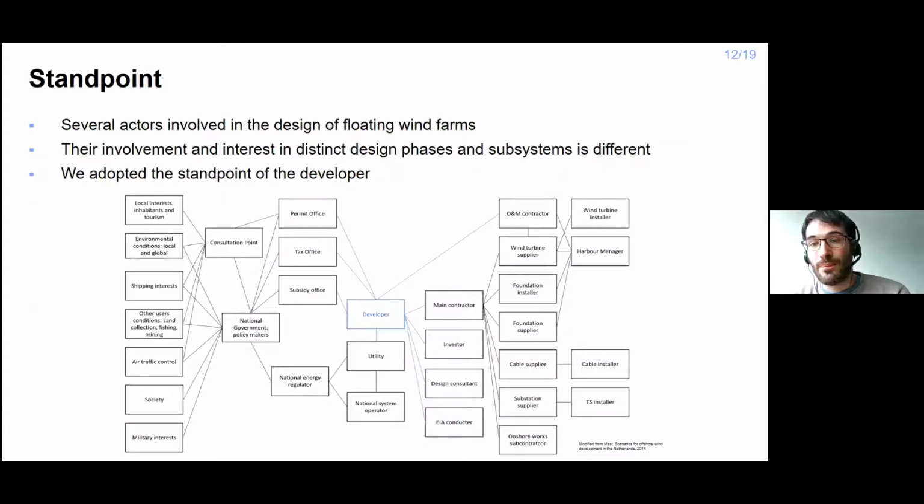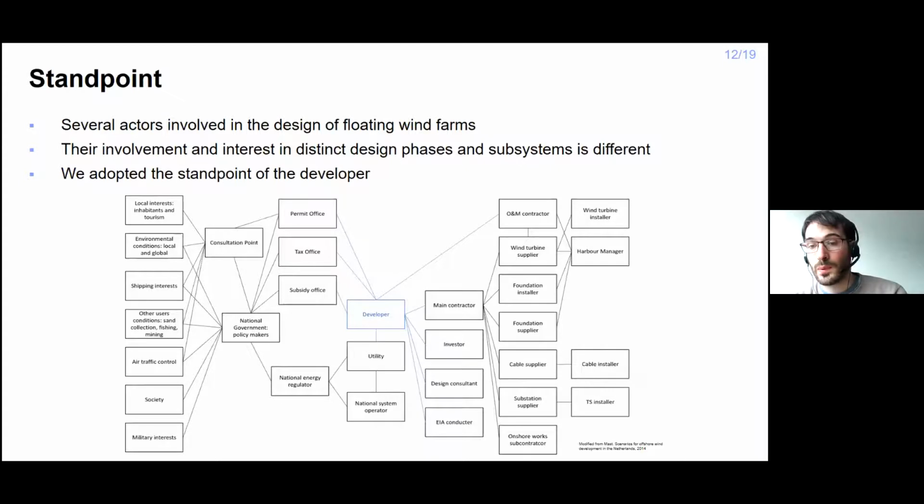Finally, again drawing a parallelism with conventional offshore wind, it can be expected that there will be several actors involved in the design, construction, and operation of future large-scale floating wind systems. All these actors have different interests in the project and look at it from a different standpoint, and their involvement in different project phases and subsystems is also quite different.